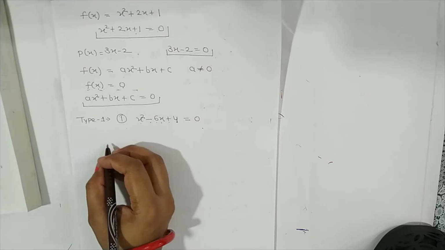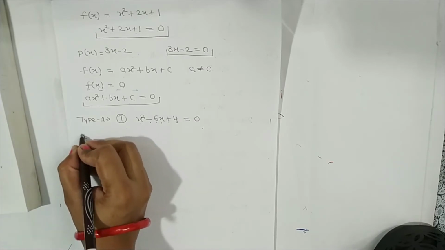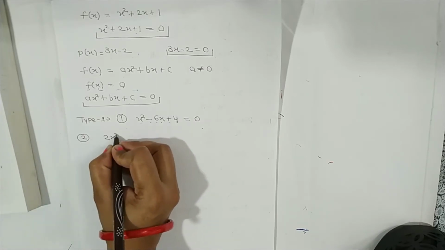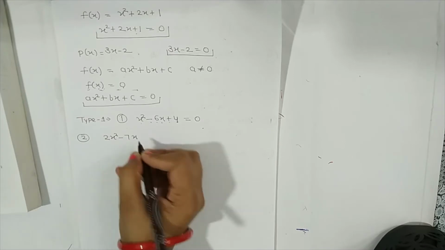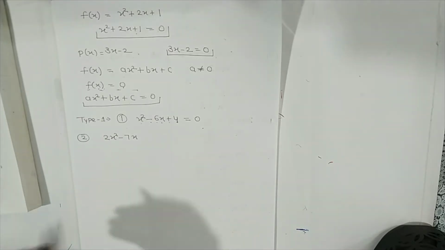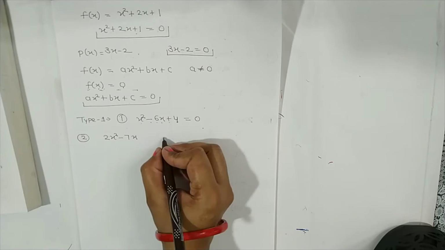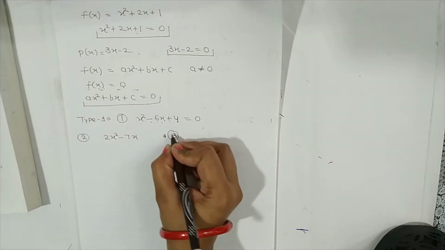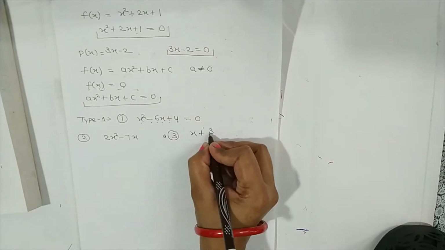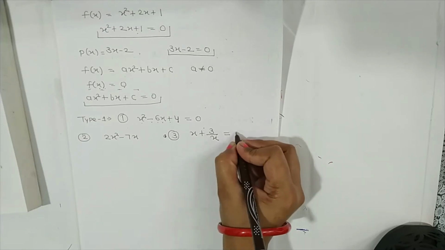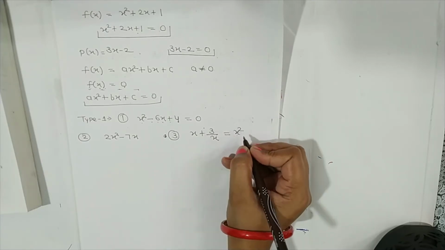Now move on to the second question, that is 2x square minus 7x. Yes, it is a quadratic equation. Now move on to the third question, that is x plus 3 upon x is equal to x square.